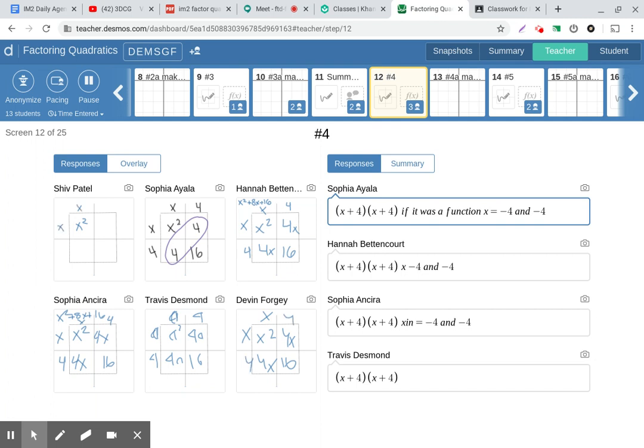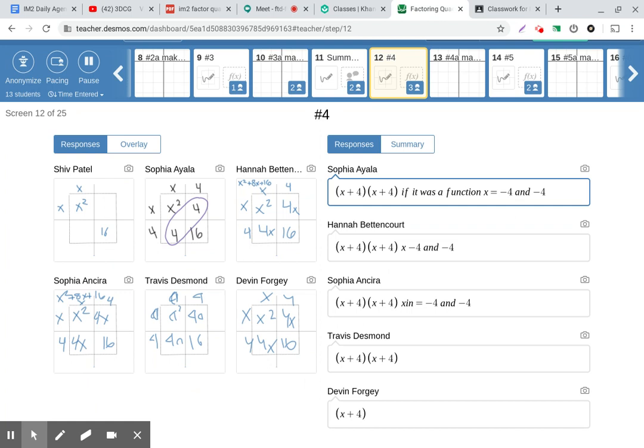If you guys were on number 4, and those are twins, did you notice that? You could have also put x plus 4 squared, right? Devin, since you're on that one, can you put that x plus 4 squared since they're twins? There you go. And that looks like vertex form. Make sense? Okay.